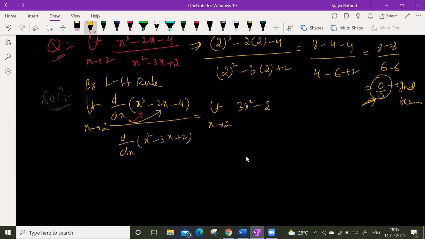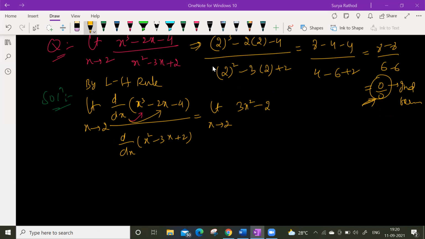What is d by dx of 4? d by dx of 4 is what? Are you guys here? I am asking what d by dx of 4 is. What is d by dx of 4?